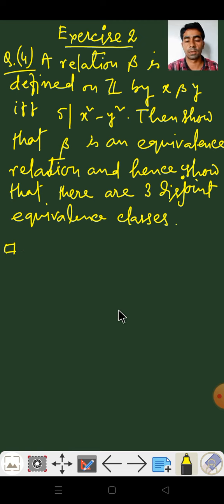Now, first we will try to show that beta is an equivalence relation.